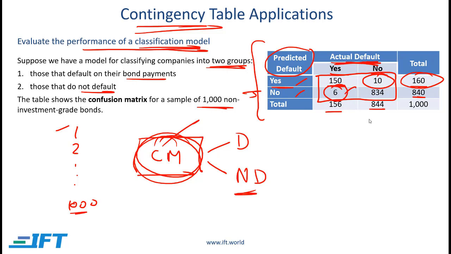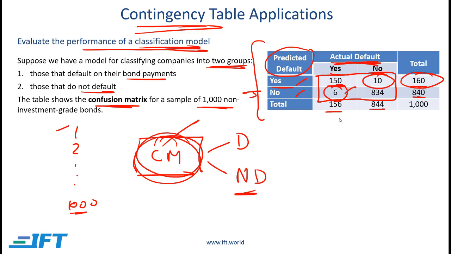So this sort of a table where we are evaluating a classification model is called a confusion matrix. So remember the fact that the confusion matrix is a particular type of contingency table, and this confusion matrix is allowing us to evaluate how good the classification model is.